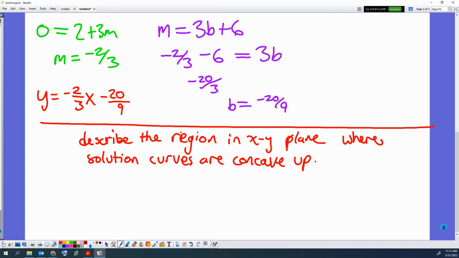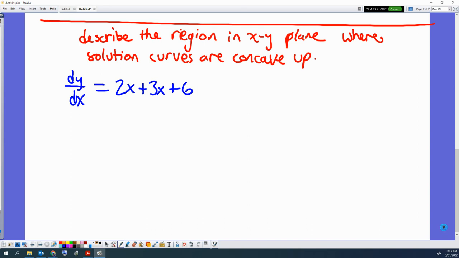So we start with our first derivative, the differential equation, right? dy dx equals 2x plus 3y plus 6. Sorry, I had to check what that was again. And how do I find the second derivative then? Well, derivative of 2x is, oh, whoops, I wrote 2x plus 3x.